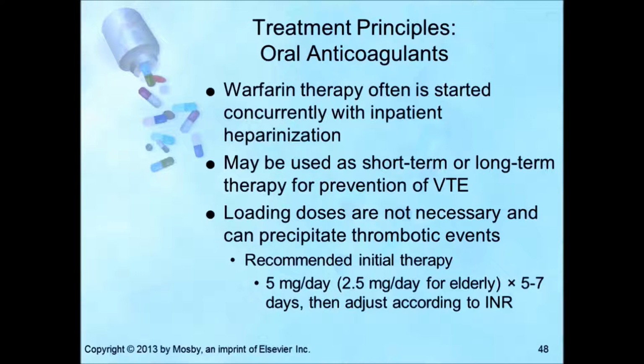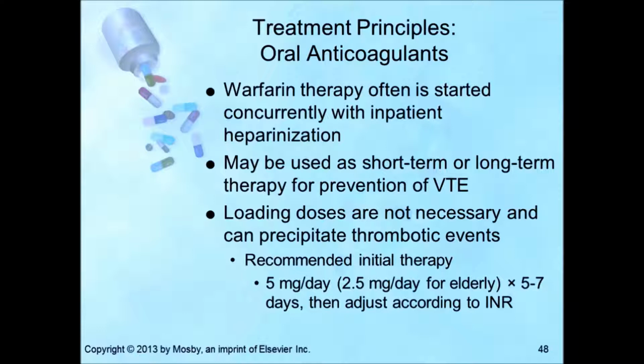It may be started on an outpatient basis without pretreatment with heparin, and no consensus has been reached with regard to perioperative management of patients on Coumadin or the INR level that must be reached before surgery can be safely performed.